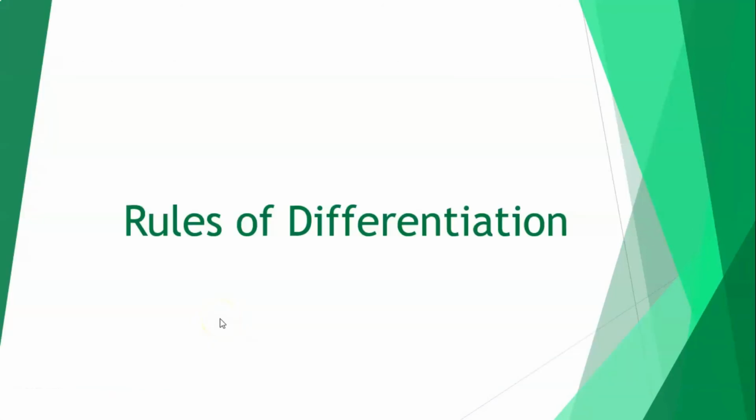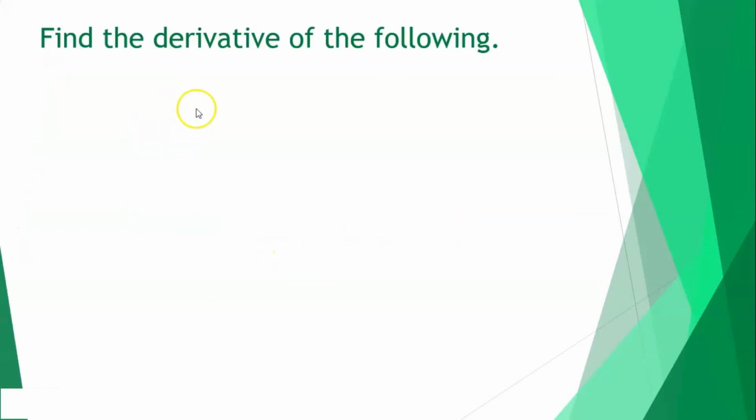Okay, you might say that getting the derivative of a function is quite a long process, but actually there is a shortcut to that. So let's have these rules of differentiation. Let's observe how the derivative of a function is obtained. If we're given y equals x squared, the derivative of this is 2x.